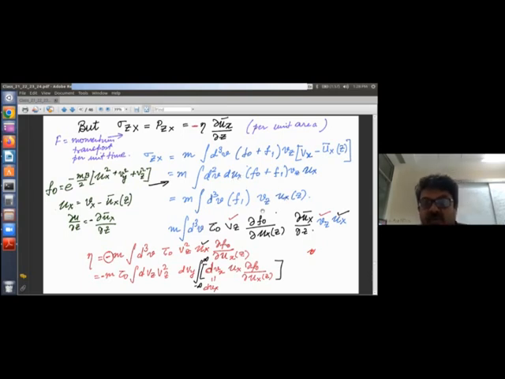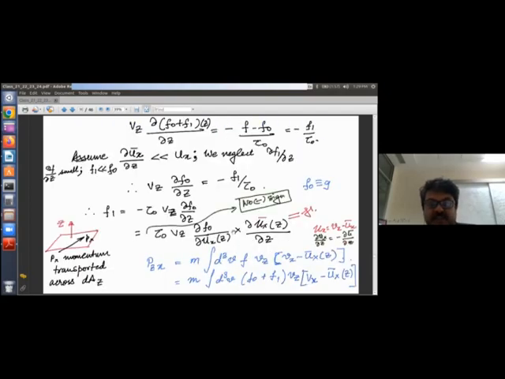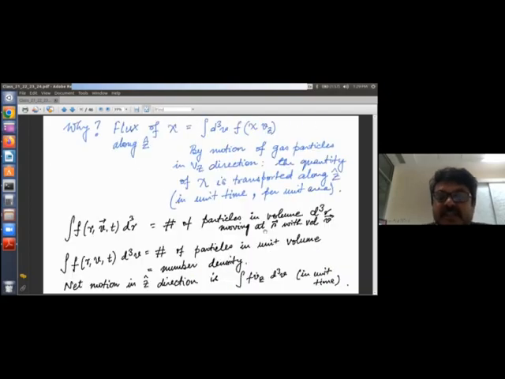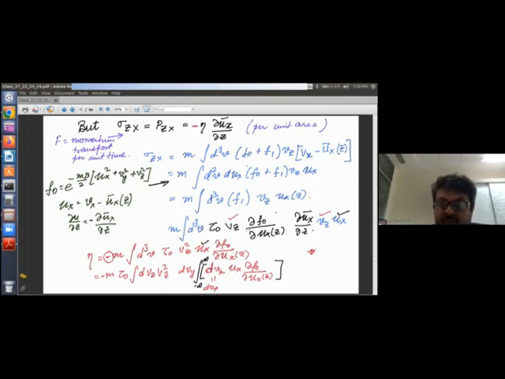Now this d3v can also be written as d2v into dux. Now we are substituting the expression of f1 from previously, and if you look at that, this del u bar x del z is also appearing here. The expression on the right hand side is sigma zx, the same as the macroscopic equation.